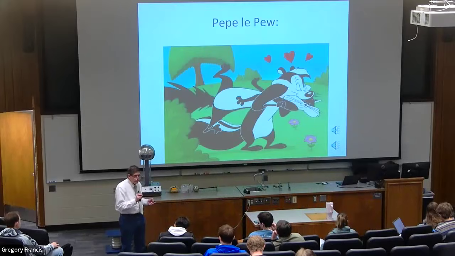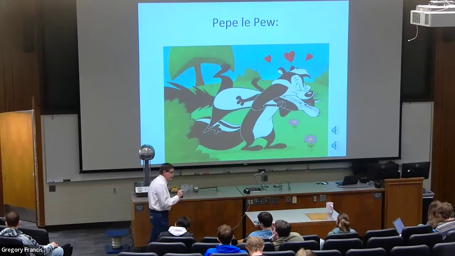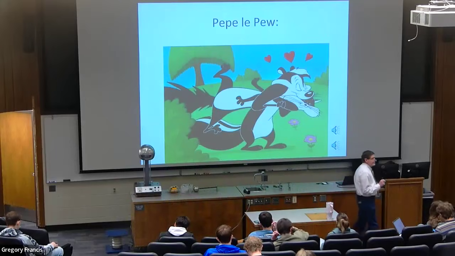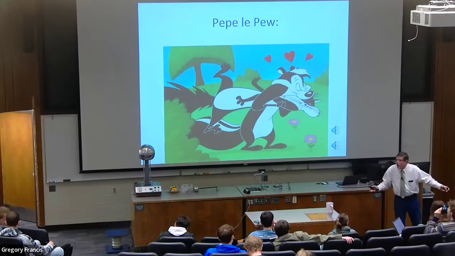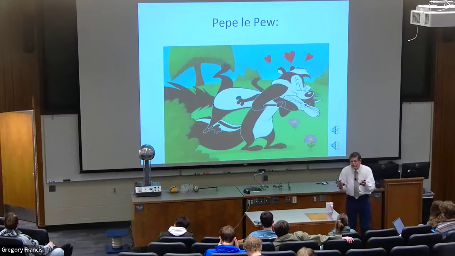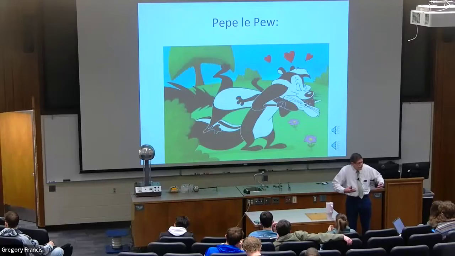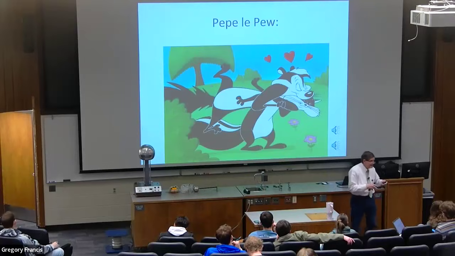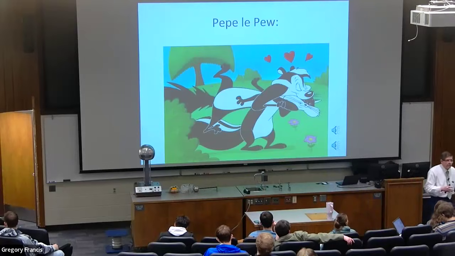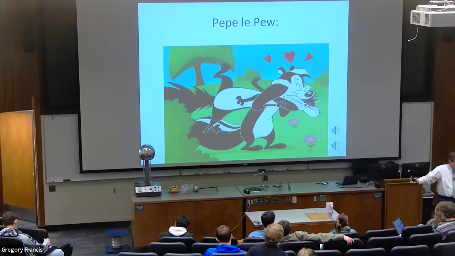Well, in the cartoon, the people that were doing the animation had a very unique problem. Pepe stunk. He was stinky. And yet you couldn't convey that stink very well to a TV because you can't transmit stink through a TV. So they had to figure out a way to help people imagine or visualize where it was stinky.